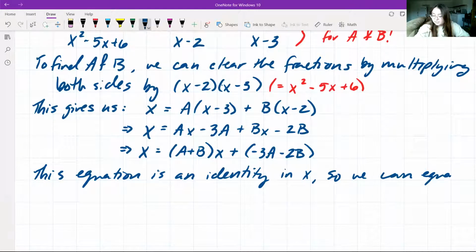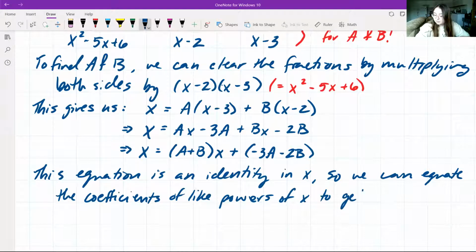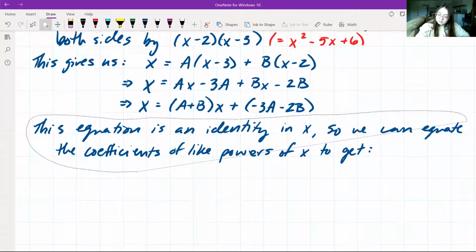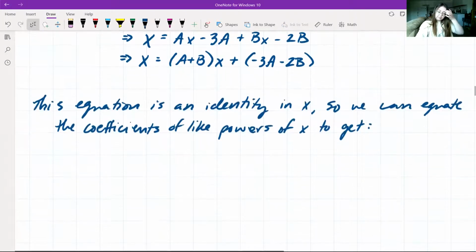So we can equate the coefficients of like powers of x to get this. And I'm actually going to move these lines down one. So you're using this identity and you're going to have this set now of equalities.